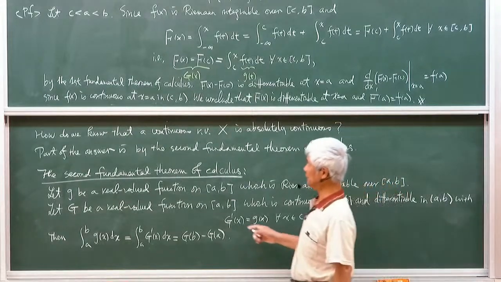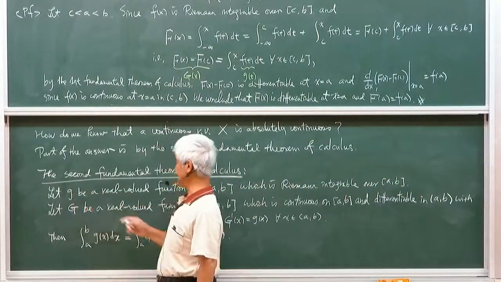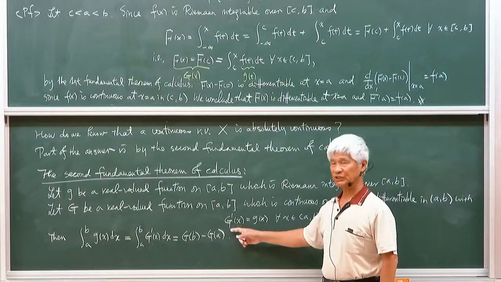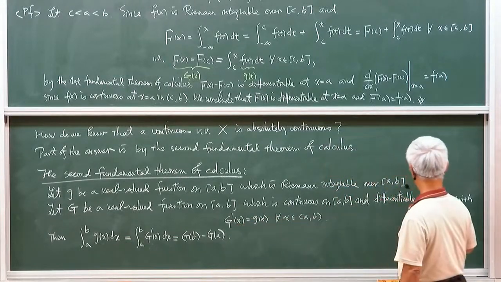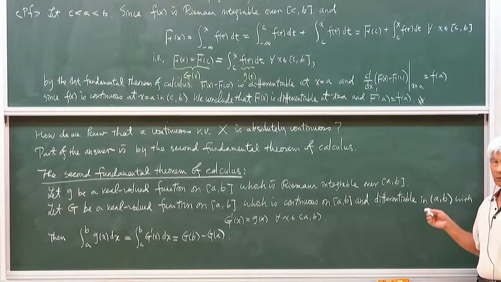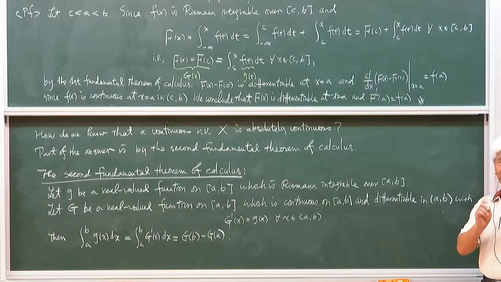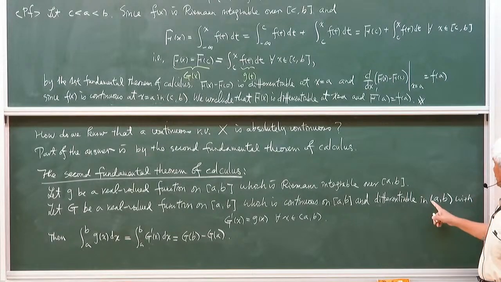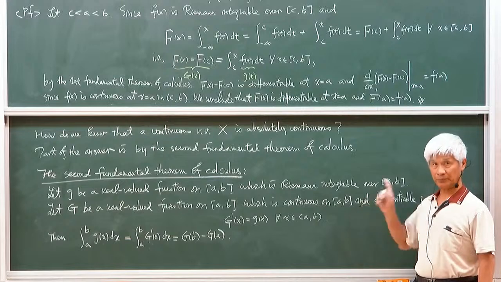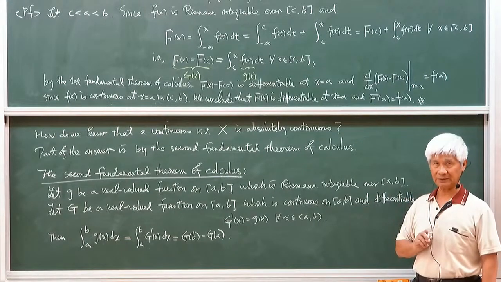The reason why we need a little g is that the derivative of big G exists in the open interval. So we do not ask for the one-sided differentiability at the endpoints of this closed interval. For big G, we do not require that.